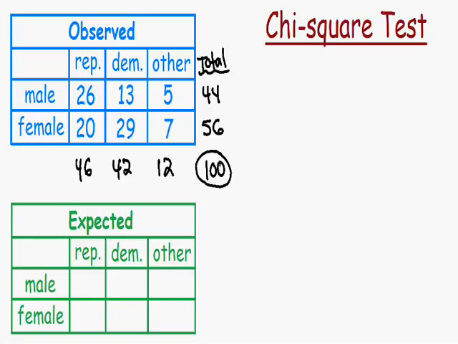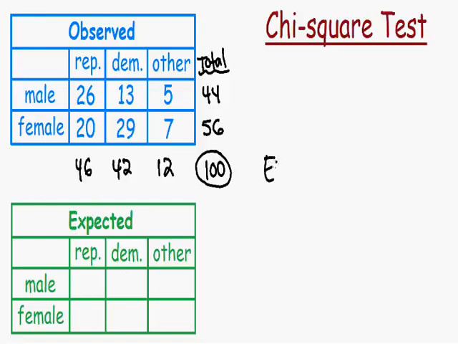So what we're going to do is use all this information to fill in our expected table. This table is all of the values that we expect. So let's start with our male Republicans. How many male Republicans do we expect?